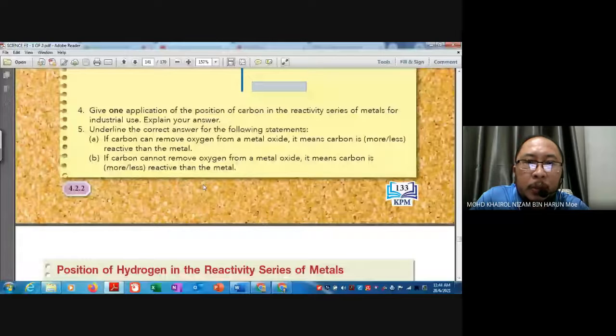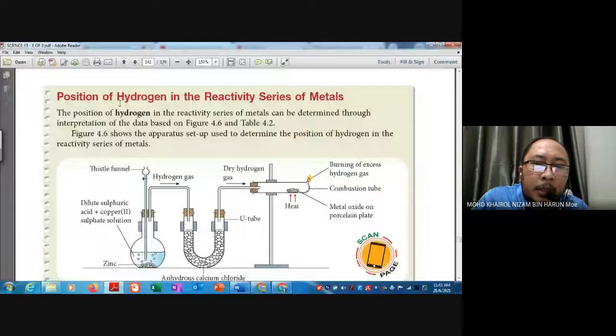Now we will look into the second element, that is hydrogen. We want to know what the position of hydrogen is in the reactivity series of metals.